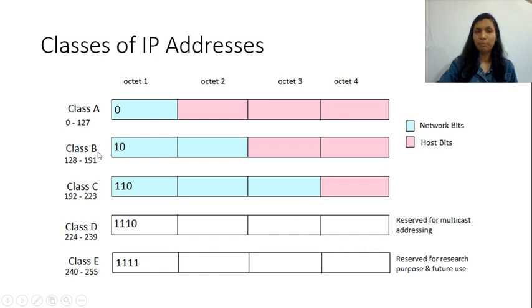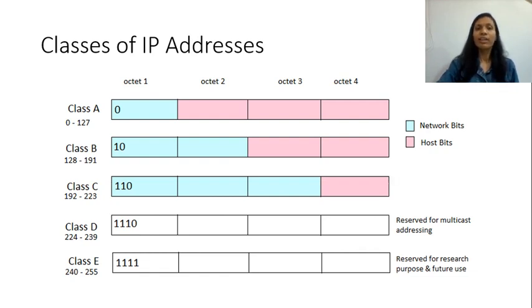In case of Class B, the first 16 bits are reserved for network bits and the remaining 16 bits reserved for host bits. In case of Class C, the first 24 bits are reserved for network bits and the next 8 bits reserved for host bits.